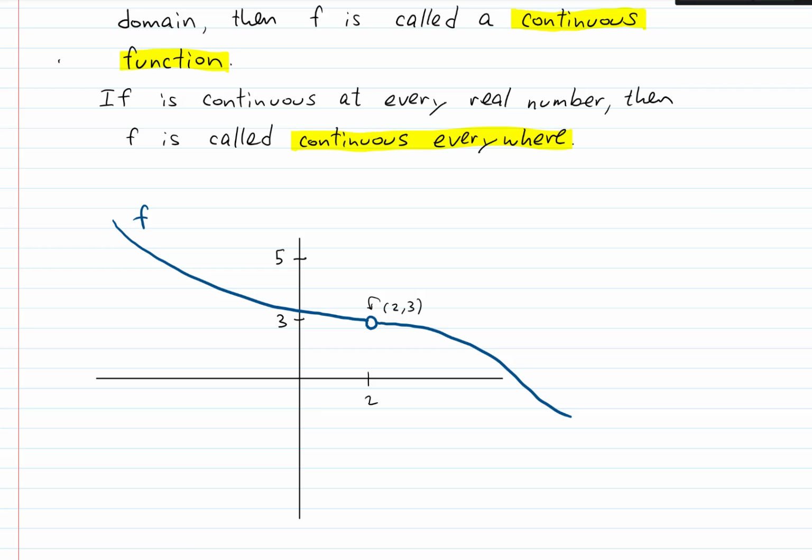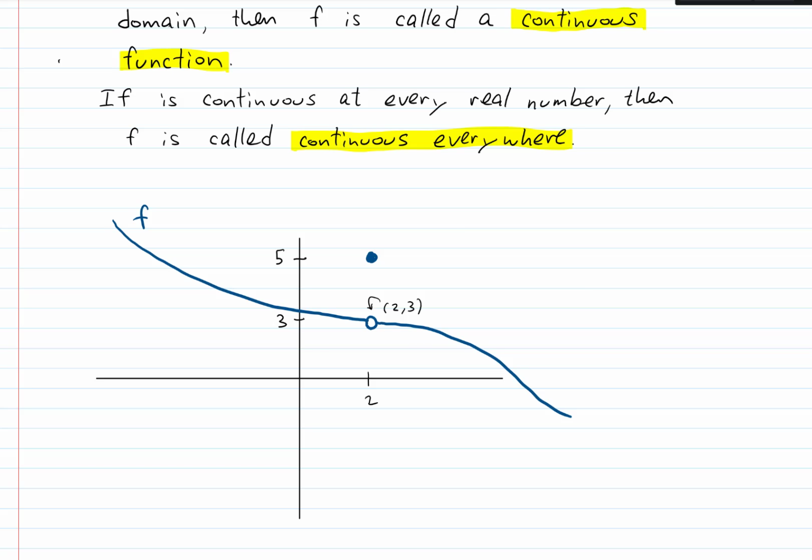It's neither one. 2 is not in the domain of f. So the question of, is f continuous at 2, is not even a valid question to begin with. You see that? Now what about this? When I had that extra point up here, if I said, is f a continuous function? You would say, no, it's not a continuous function because it's not continuous at 2.